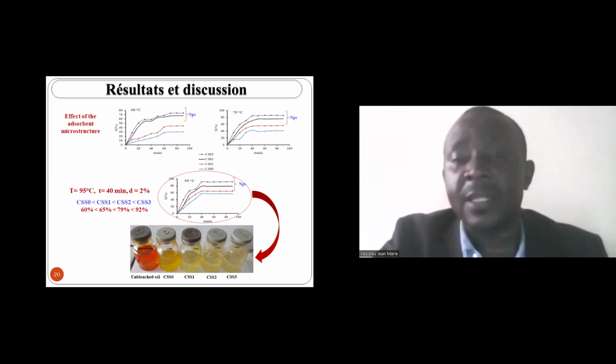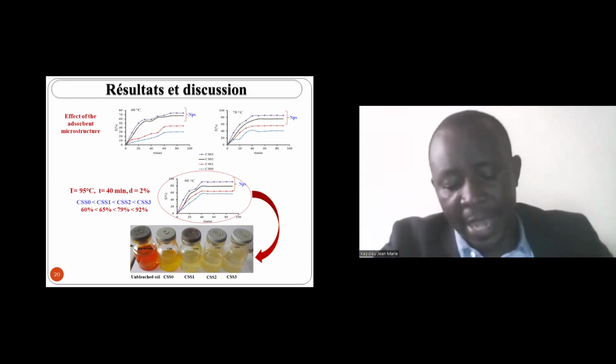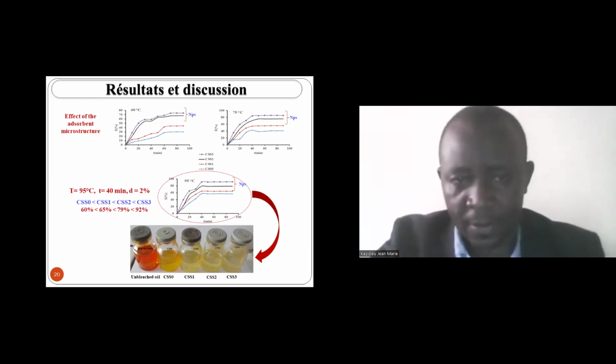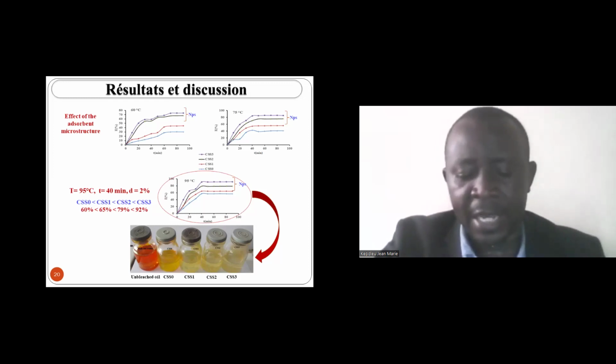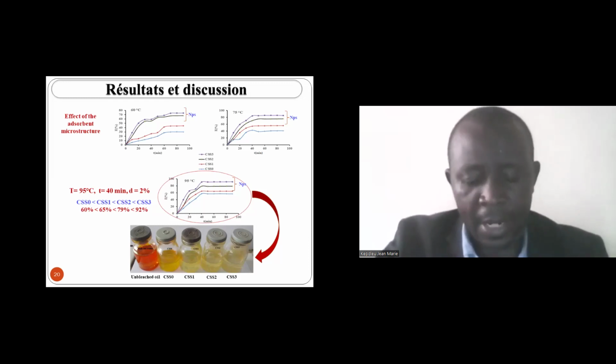In this regard, it can be observed that CSS3, which is a typical nanostructural configuration composite, exhibited the highest value of bleaching capacity, followed by CSS2, which is a delaminated clay structure in which silica nanoparticles are dispersed.